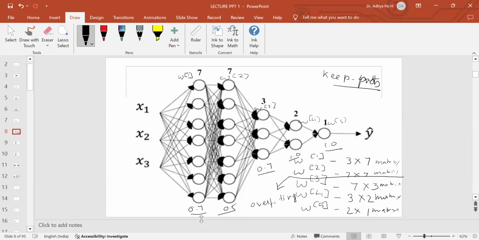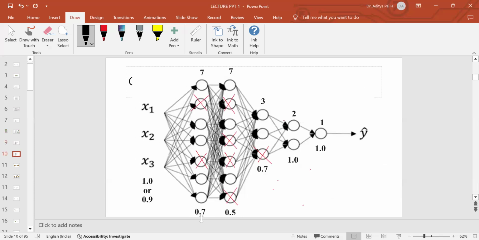Here you can see that we are dropping out 50% of the nodes in this case. So we are removing most of the nodes in the second hidden layer, and thus we can have a much smaller, very sparse network.